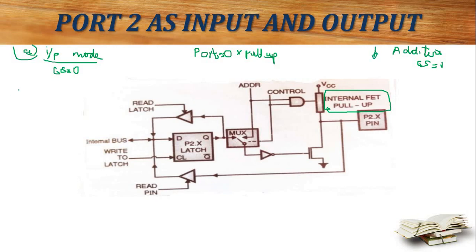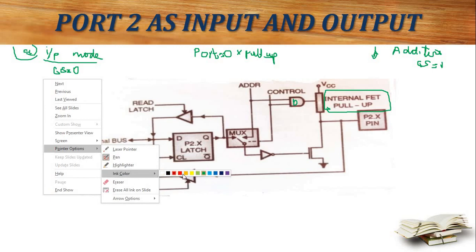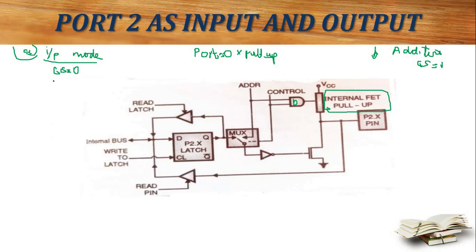Now check the first condition, input mode. Input mode means this control signal will be 0. So to make input, we need to give input equal to 1 always.